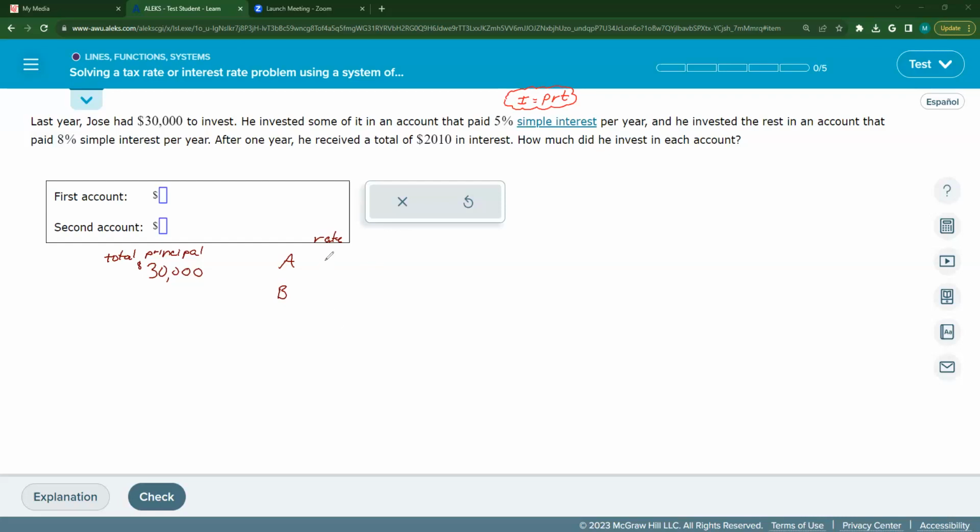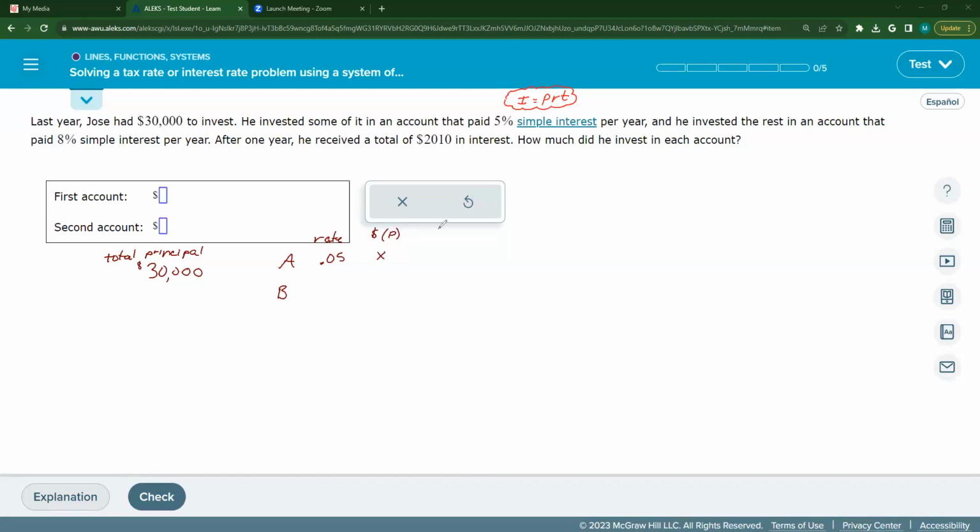So I'm going to call this X, the amount that I'm putting in. I put it in the wrong spot. So I'm going to say 5%. My rate is 5%, which as a decimal is 0.05. The money invested, so P, I'm going to call that X.